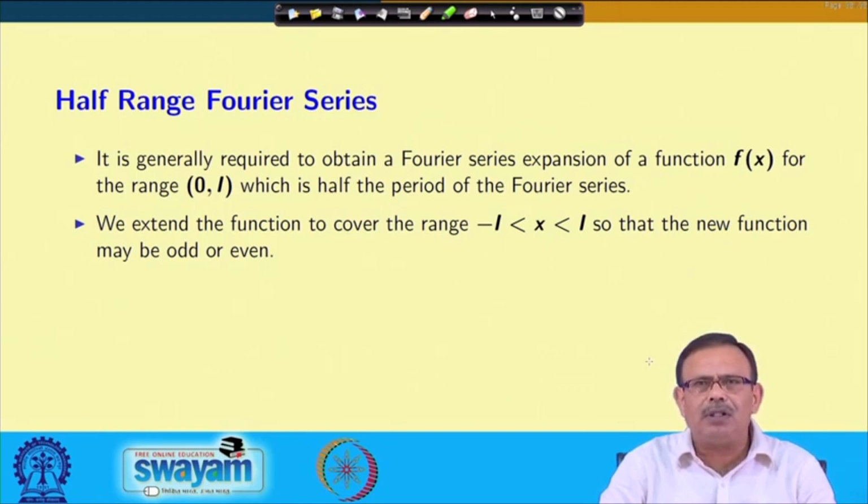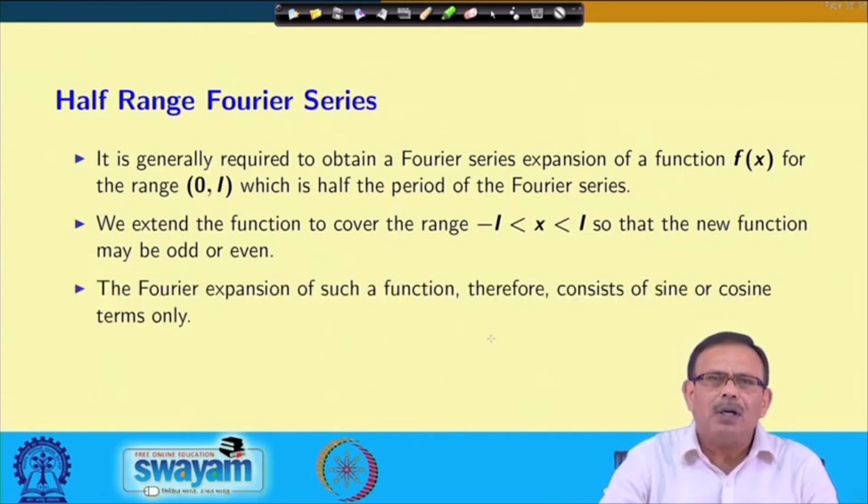It is originally defined from 0 to L. Now, I am defining it again in 0 to minus L, and I can redefine the function in 0 to minus L in such a way that the function may behave like an odd function or like an even function.